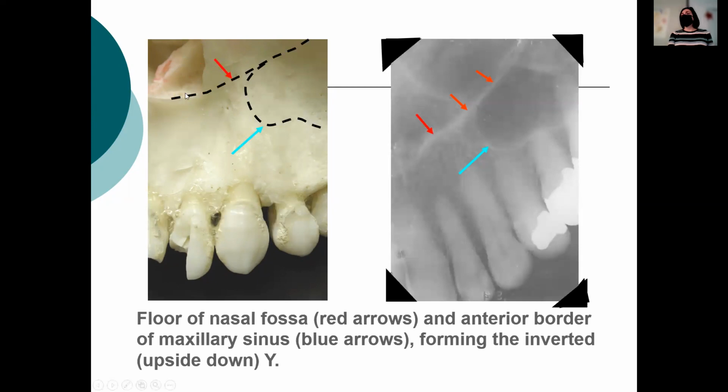You can see the floor of the nasal fossa, the maxillary sinus, and then the inverted Y.